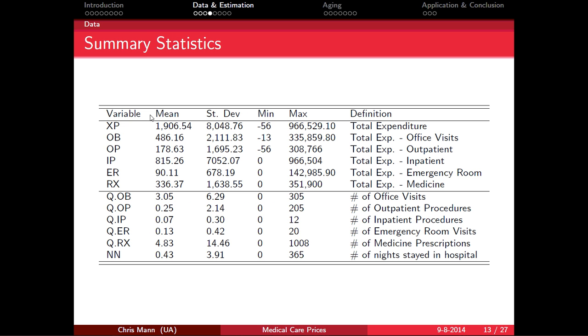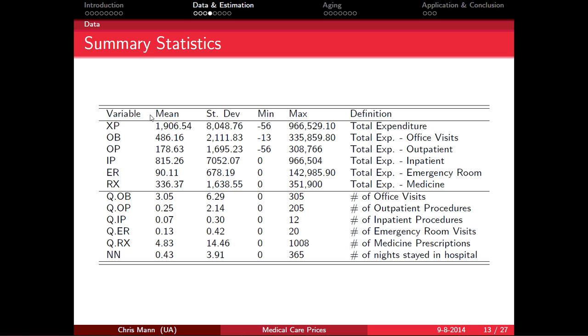Okay. And so here are the summary statistics. And like you can see, the mean expenditure over the sample period is about $1,900, right? And the median expenditure is close to about $500. And you can see how they're split up between the different categories.